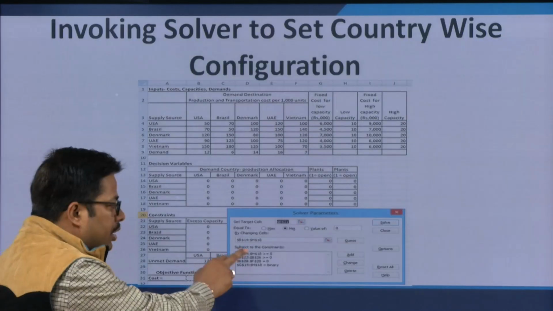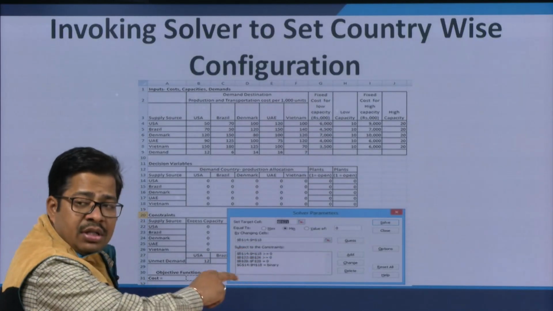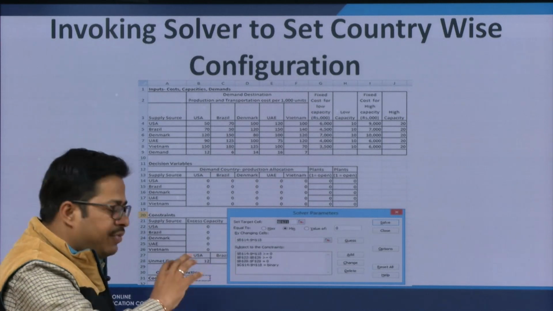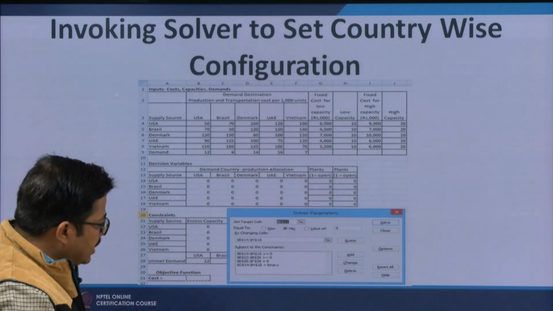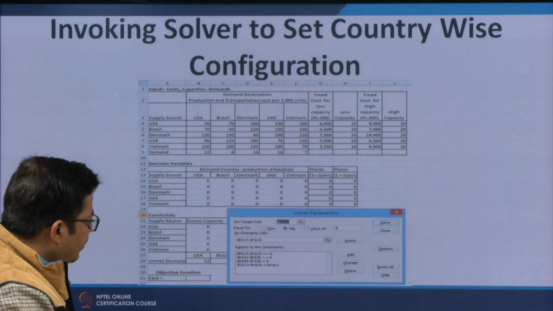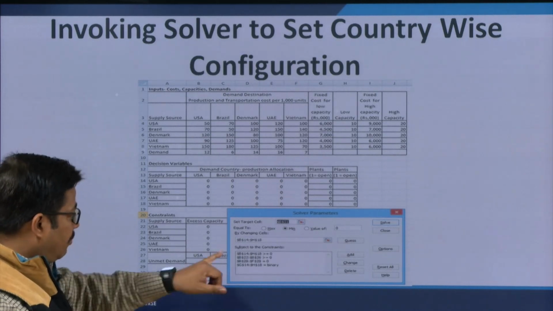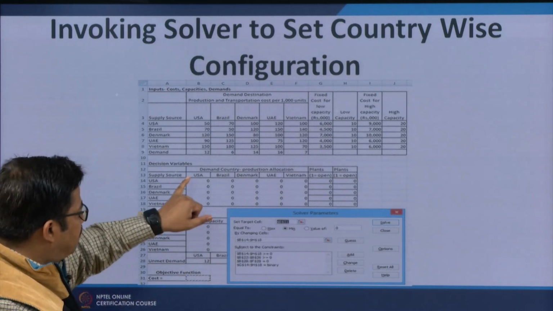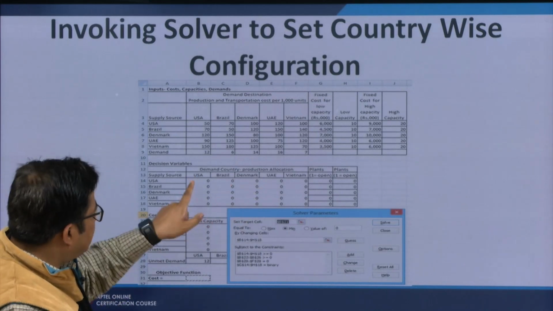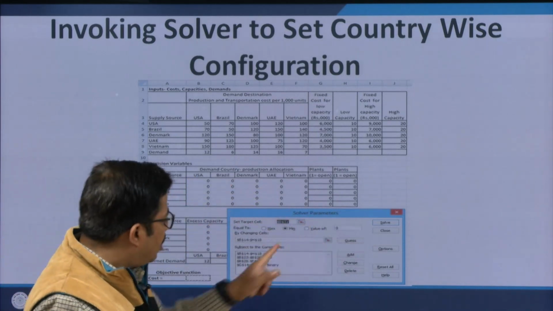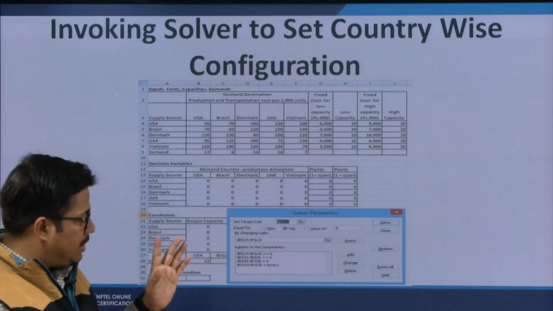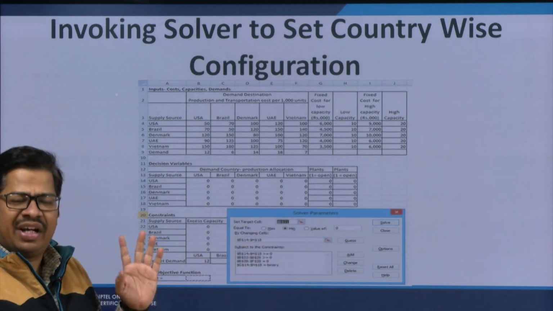As a result of that, in this box you write the equations for the constraints, and these equations for constraints are, one is the values of B14 to H18, all these decision variables are non-negative.